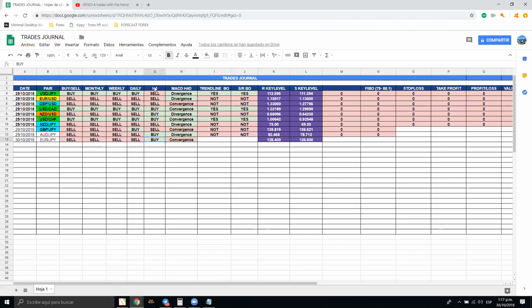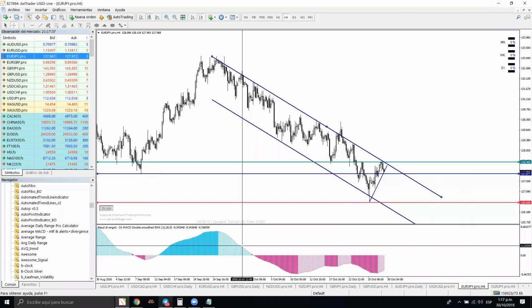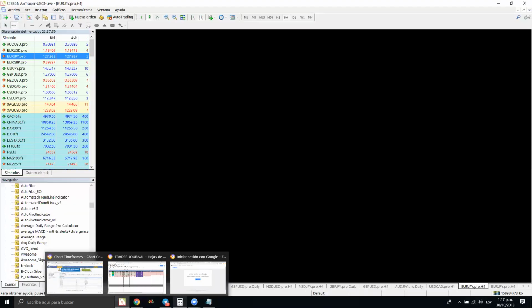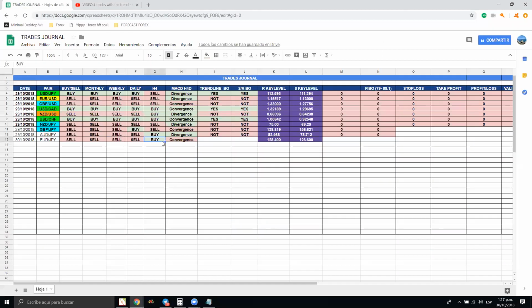And in the entry time frame, the market is going against all this, against the MACD, against the daily, against the weekly, against the monthly. So this is a pullback. If the market goes in a different direction, like here, if we have divergence, the pullback is going to be higher. But in this case, it's just a little pullback.